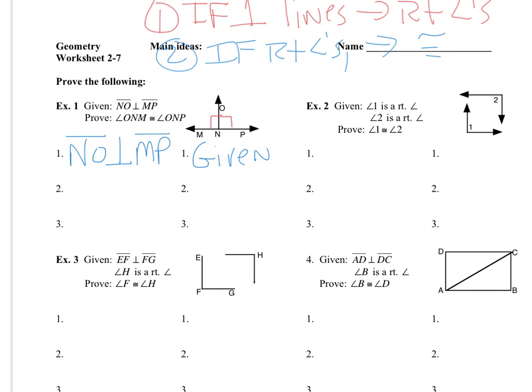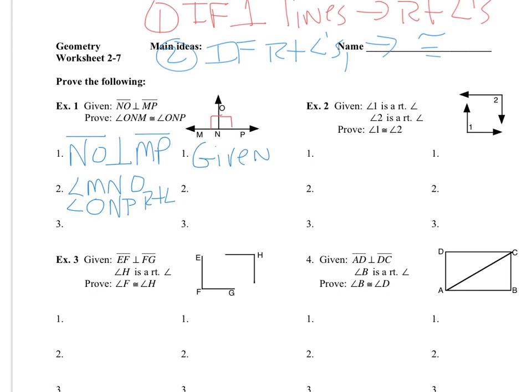So let's do that. And that means that we're going to have angle MNO and angle ONP right angles. And you can do that in one step.